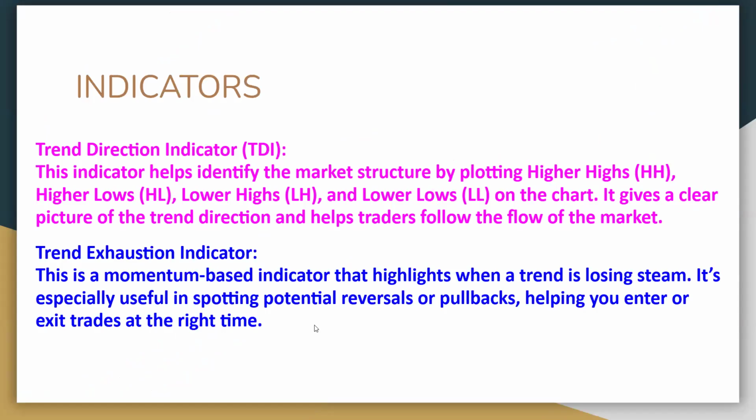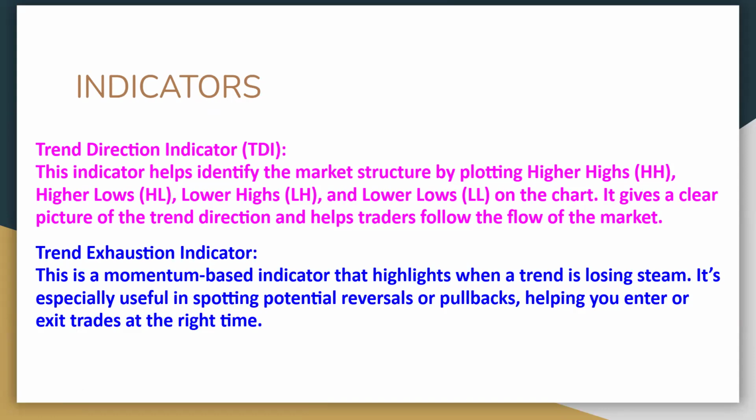The indicators used are the trend direction indicator and the trend exhaustion indicator. Because for my one asset and one trade strategy, we need trend direction as well as trend exhaustion.